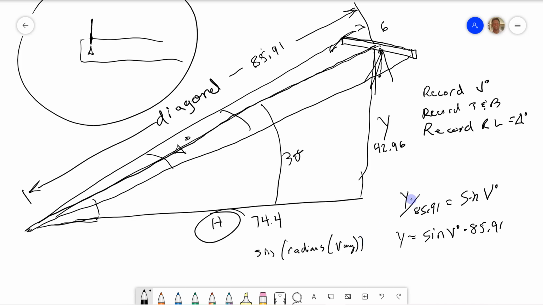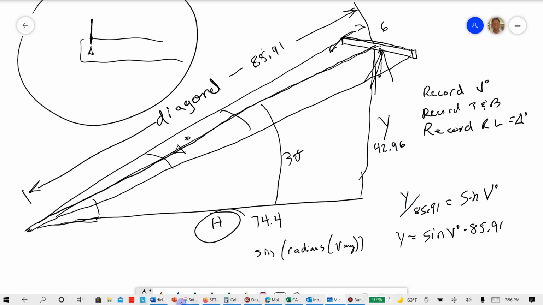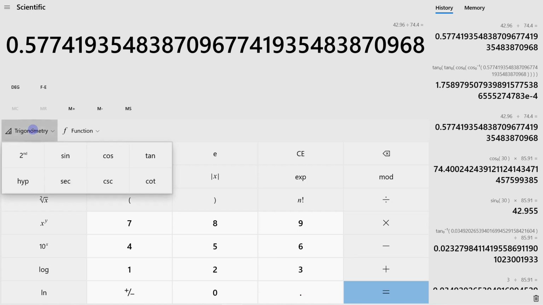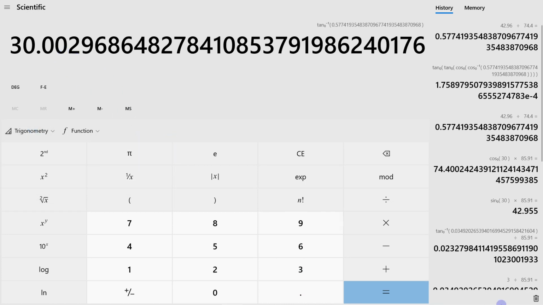So we would go 42.96 divided by 74.4 equals, then we want second function tangent, 30 degrees.